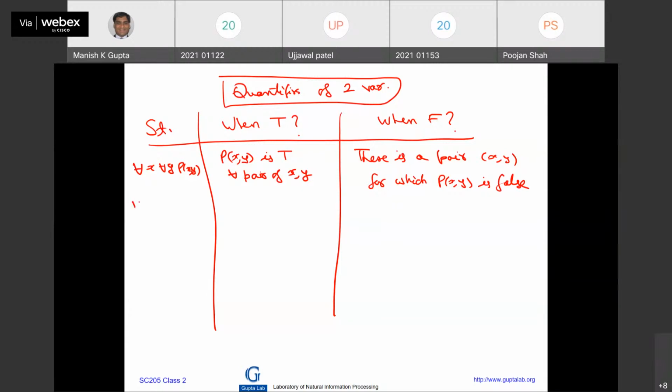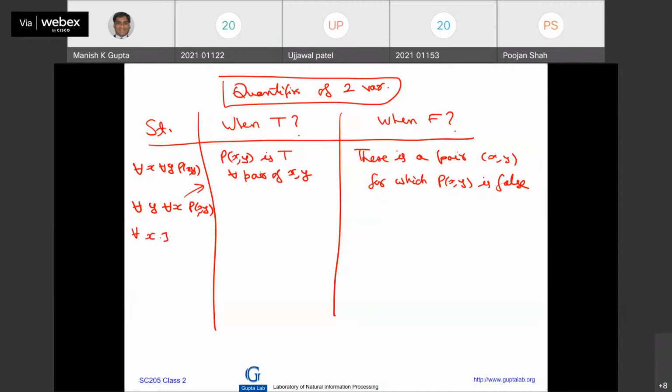Okay. Next statement, for every y, for every x, P(x,y). This time y is ahead, then x. So basically this is also the same thing: P(x,y) is true for every pair x, y, and false when there is a pair x, y for which P(x,y) is false. Okay, we go to the next one.